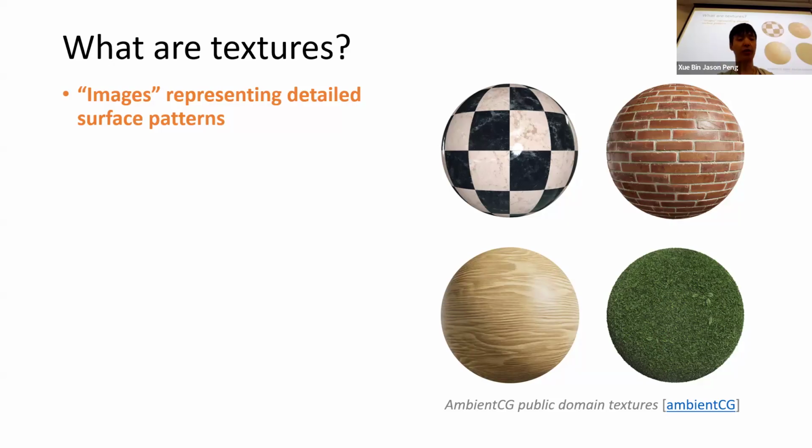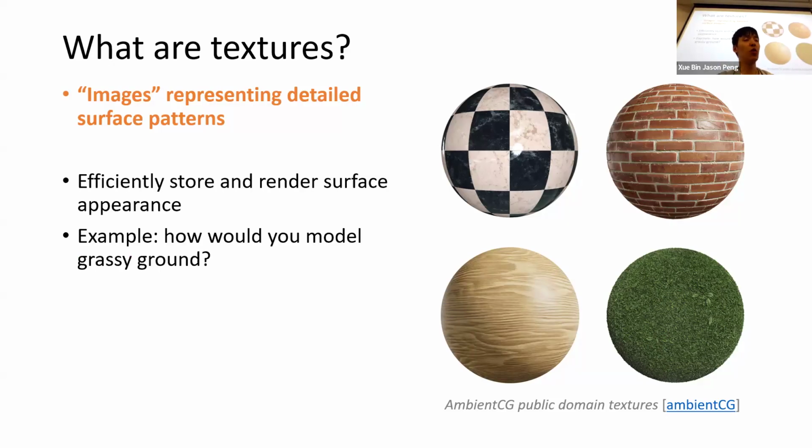And this is where textures come in. The idea with textures is that rather than representing these surface details geometrically, we can simply represent these surface patterns with an image, with a texture. So we can just represent these patterns as an image, and then we can project that image onto the surface of our object, and then use that to give the object the appearance of the different types of materials.